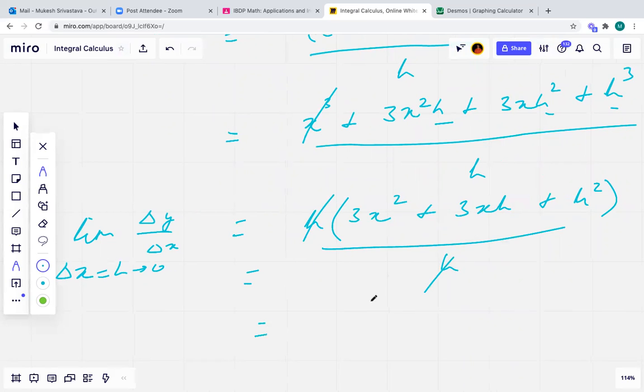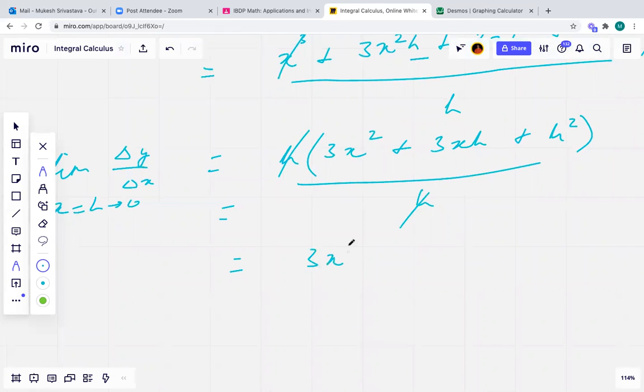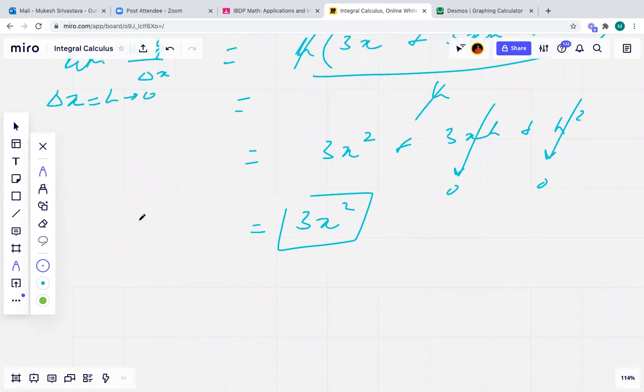When h is very small, I have 3x squared plus 3xh plus h squared, and the terms with h become 0. So I am left with 3x squared. So the derivative of x cube is 3x squared. Similarly, the derivative of x squared is 2x.